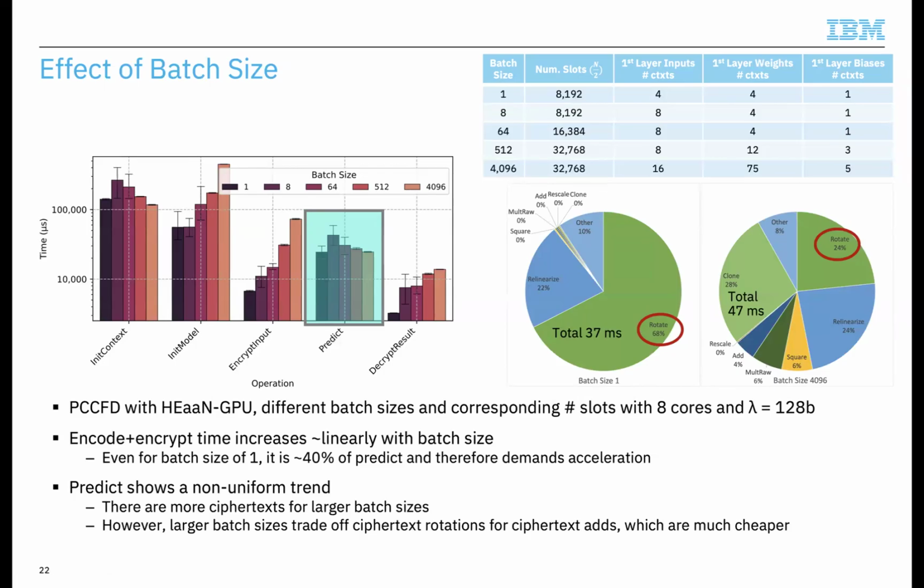It shows that with more batch size, the way HElayers does the packing of the operations, the number of rotations actually goes down. They're converted into additions, and additions are about an order of magnitude cheaper than rotations. So more ciphertexts, but fewer rotations. Eventually the execution time wins down and results in this U-shaped graph, which was interesting.